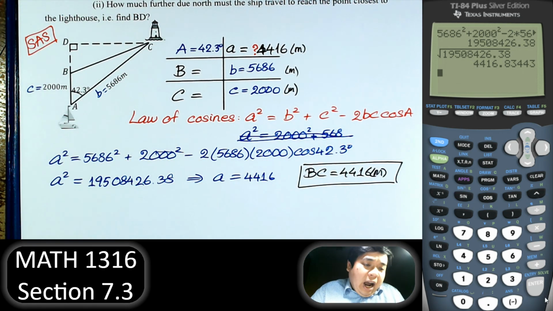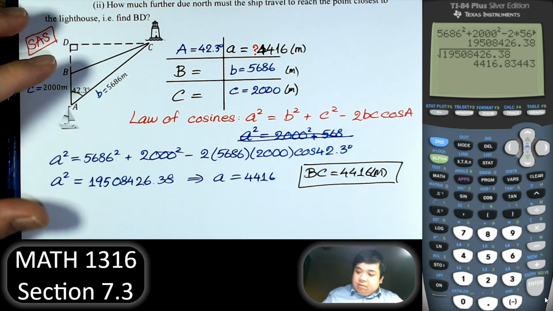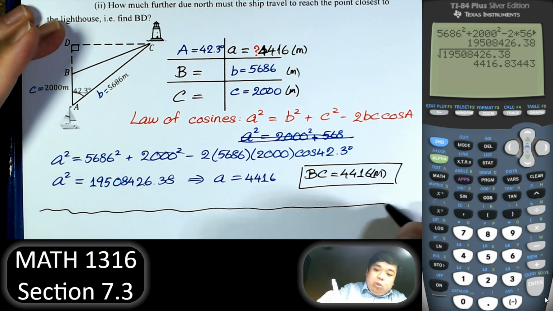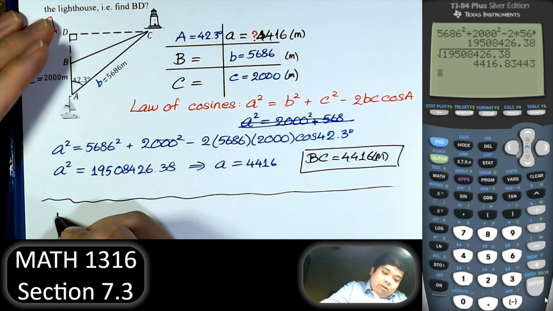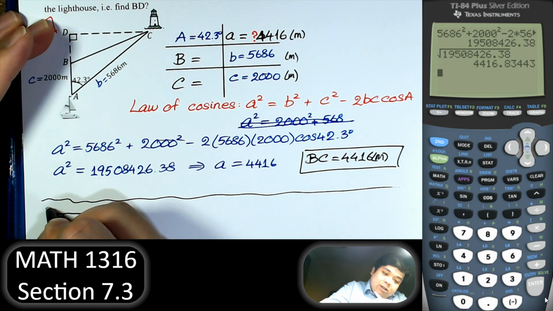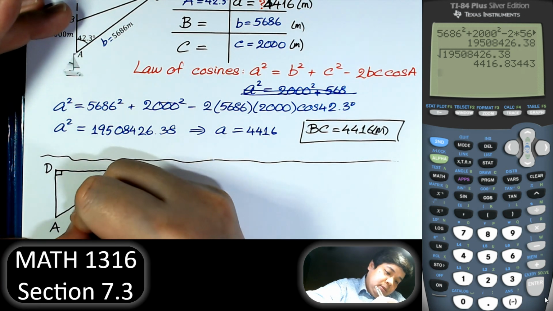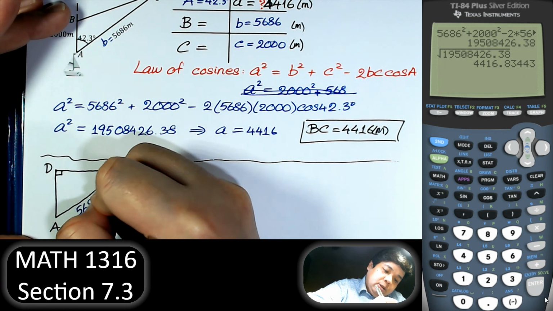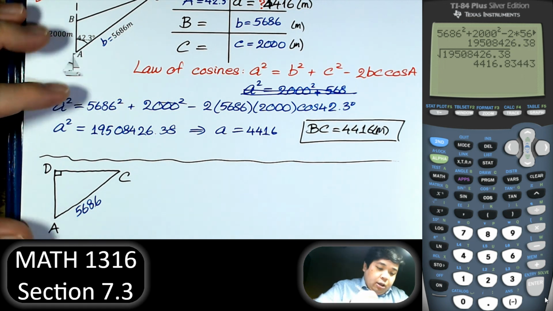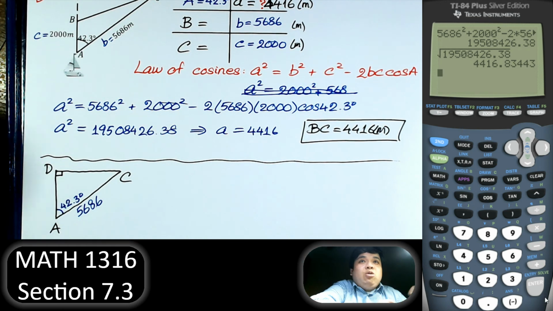Right, next, how much further due north must the ship travel to reach the closest point to the lighthouse? Meaning we have to find the distance BD. Well, it's actually easier than we think. If we draw the triangle, the shortest distance has to be the perpendicular. Now, if it is a right triangle, we don't have to use law of sine or law of cosine.